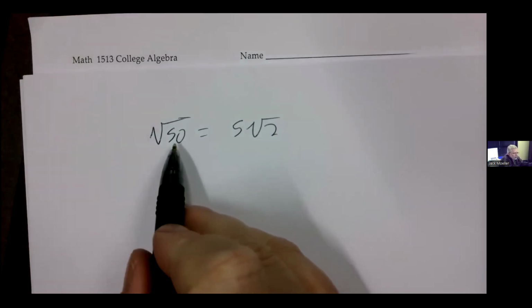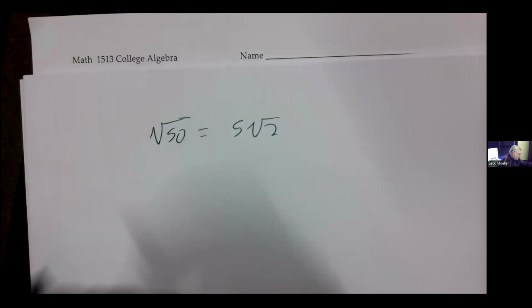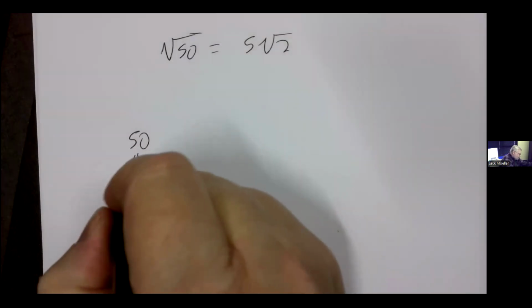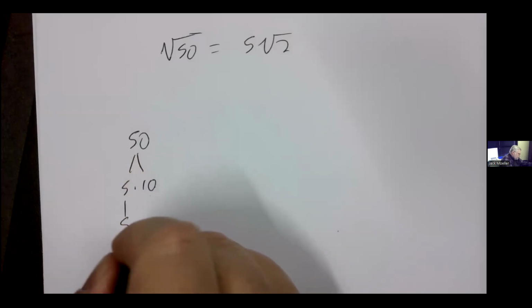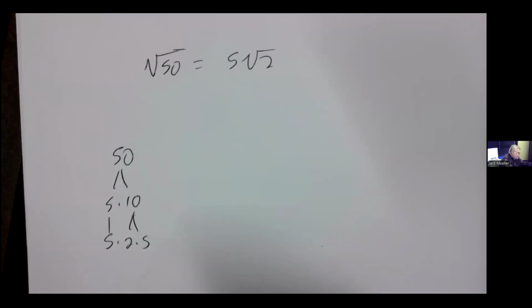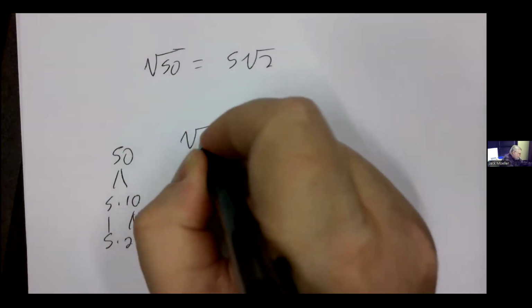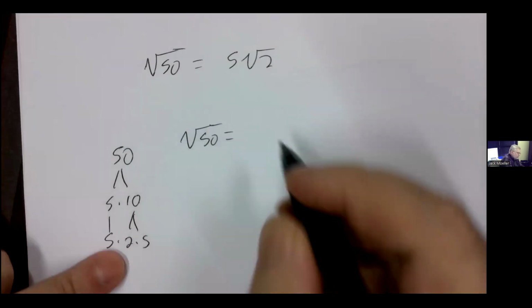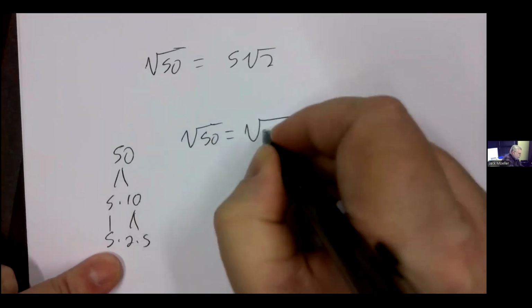If you're simplifying square roots by hand, because your calculator is giving you a decimal, this is where you have to do your factor trees and the grouping method. If you look at the factor tree for 50, that's 5 times 10, and then 10 is 2 times 5. So those are all prime numbers. So the square root of 50 is the square root of one 2 and two 5s.